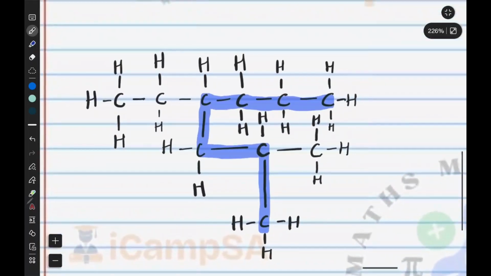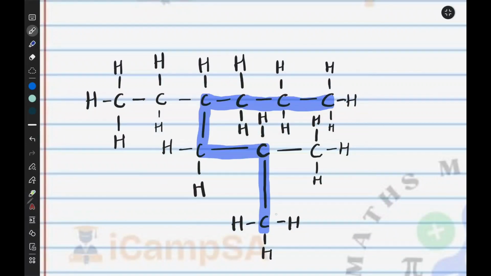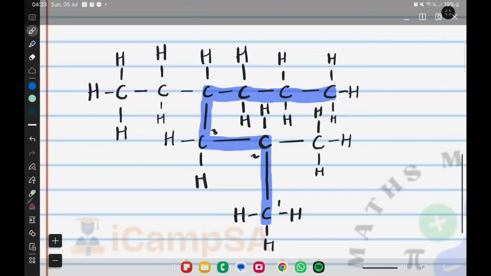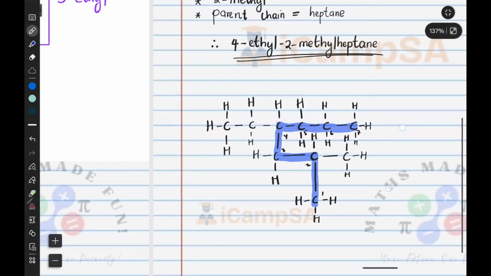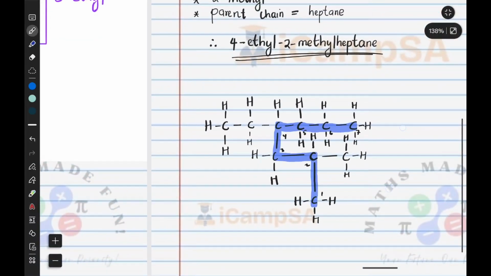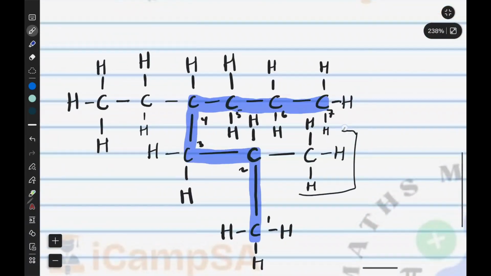Seems like we'll still get the same thing, because we'll have 1, 2, 3, 4, 5, 6, 7. Yeah, you'd still get the same answer. You'll get that 2 methyl, because this is a methyl group, this one.